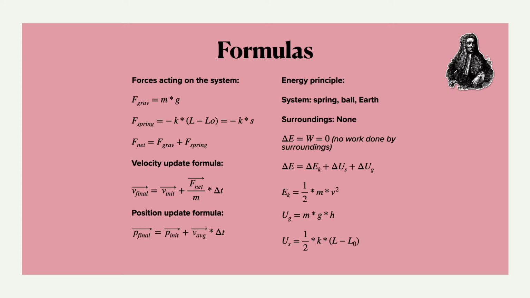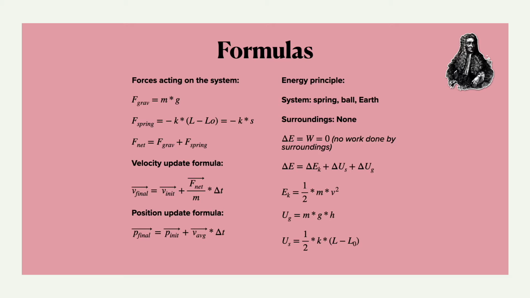Additionally, we will need to implement the energy principle for a system of a spring, ball, and Earth and no surroundings. Since there is no force acting on the system, the work will be zero, and the change in energy will be zero. There are three components of energies that we will need to consider. The first one is the kinetic energy, which equals 1/2 mass multiplied by the velocity squared.